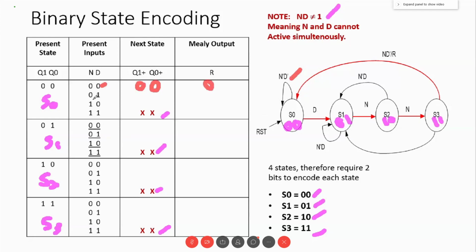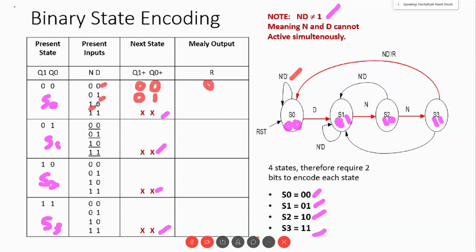If your input is 0, 1, that means your D is 1. So it will go to state 1. Therefore, here will be 0, 1. Right? If you are in 1, 0, now you are here. Sorry.